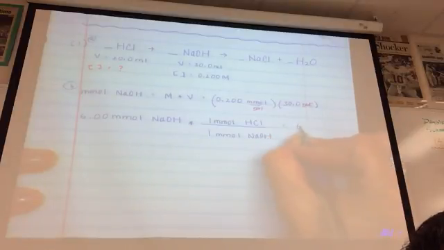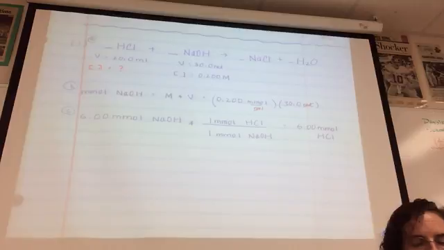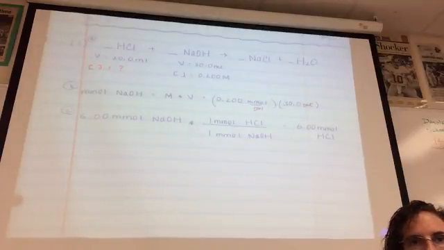And that will be 6 millimoles of HCl. So that's step C. That's your stoichiometry from the balanced chemical equations. The ones came from where? Coefficients. You got it. Good.